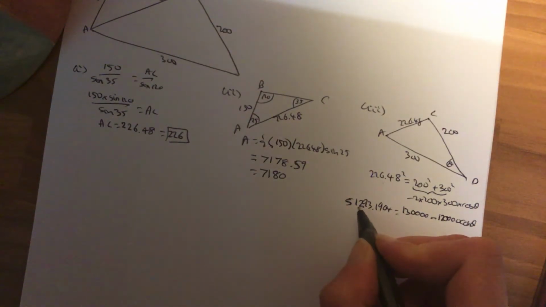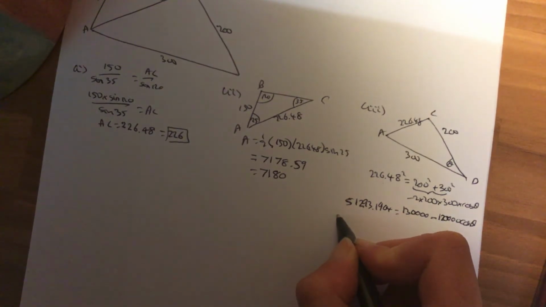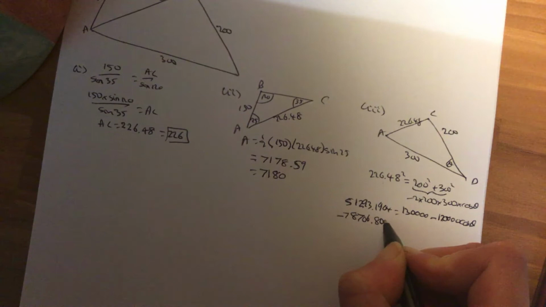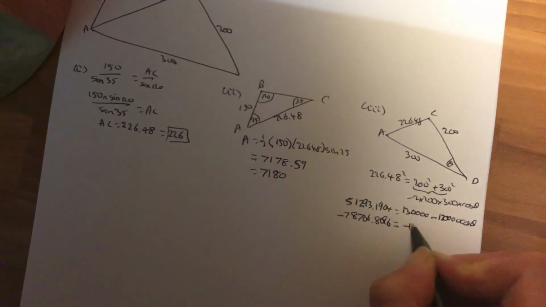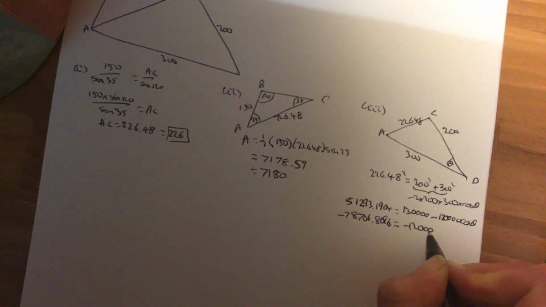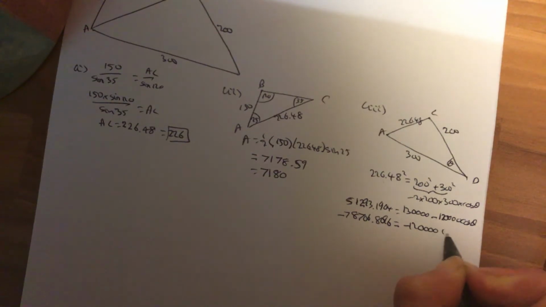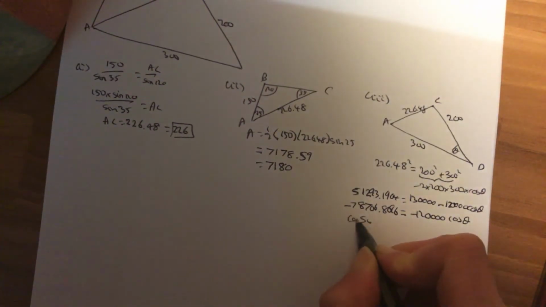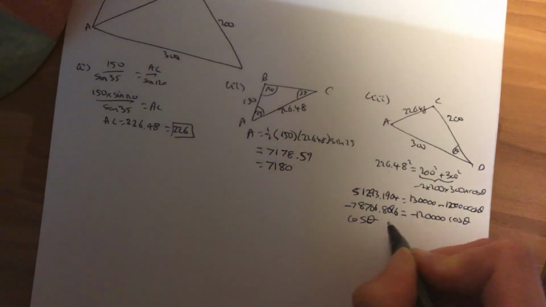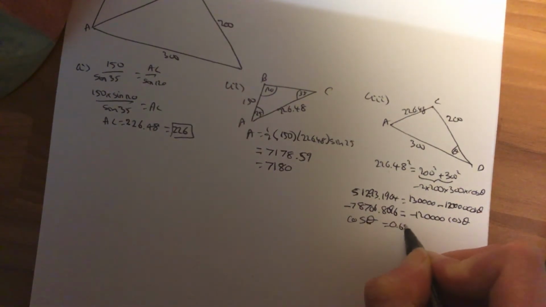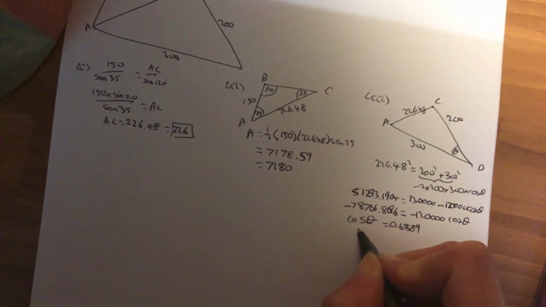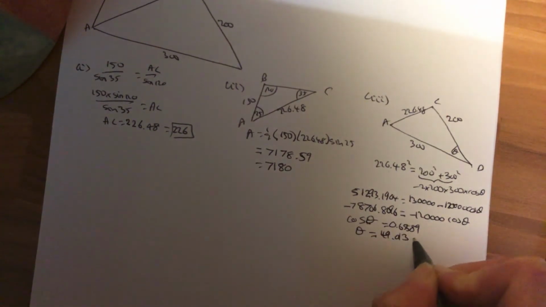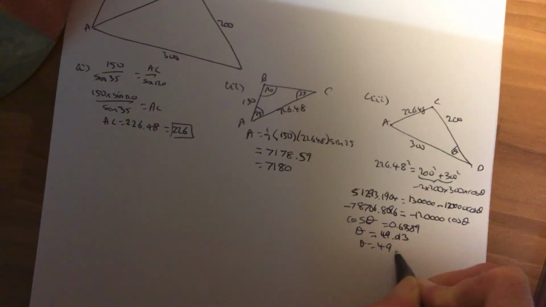Bring this across and subtract, and you get minus 78706.8096 equals minus 120000 cos theta. Bring this across and divide, and you get cos theta equals 0.65589. So theta is 49.013. Try to remember to give it 3 significant figures.